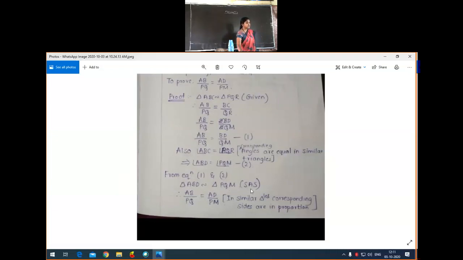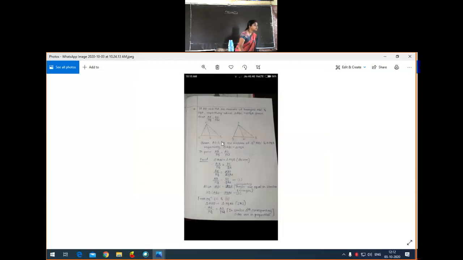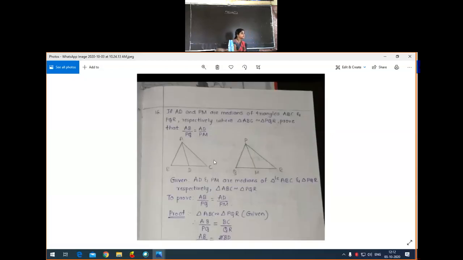Now what can we write? AB by PQ is equal to AD by PM, right? In similar triangles corresponding sides are in ratio. See here, what we needed was AB by PQ equal to AD by PM.